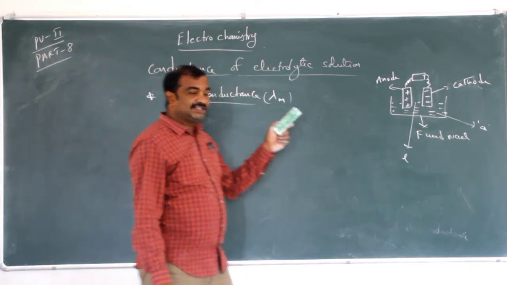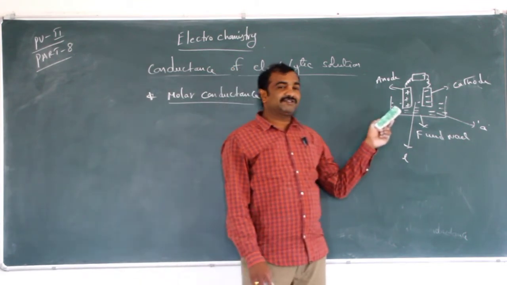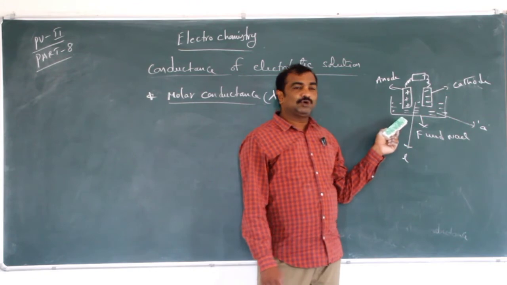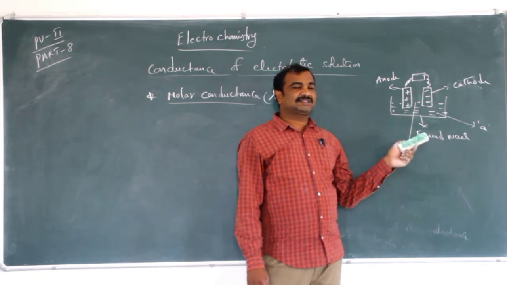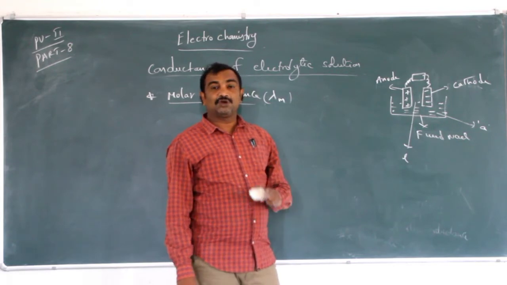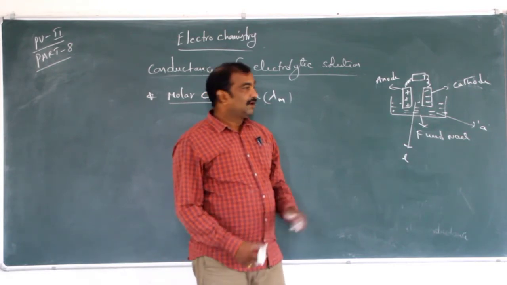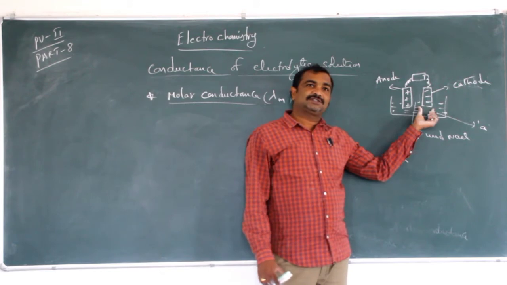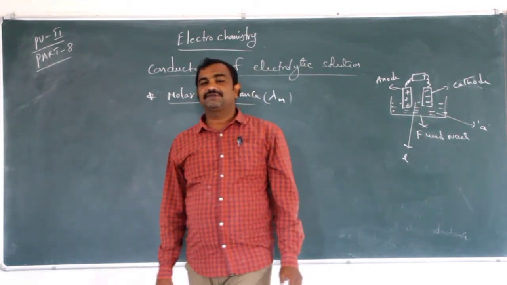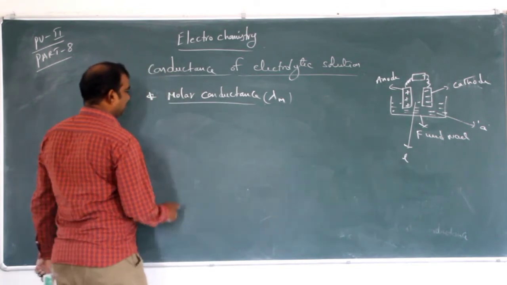That is, the specific conductance of 1 mole of electrolytic solution placed between the two electrodes of length L and area of cross section A.